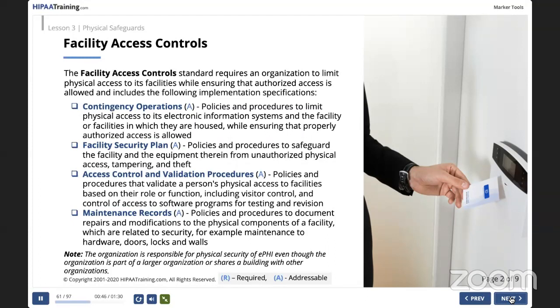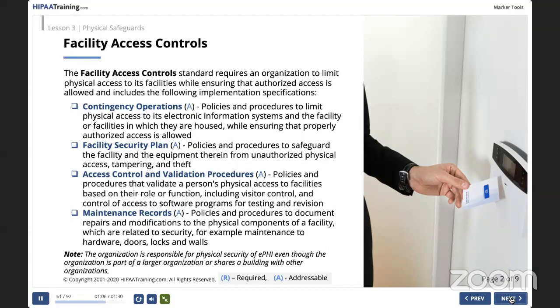Access control and validation procedures. Policies and procedures that validate a person's physical access to facilities based on their role or function, including visitor control and control of access to software programs for testing and revision. Maintenance records.